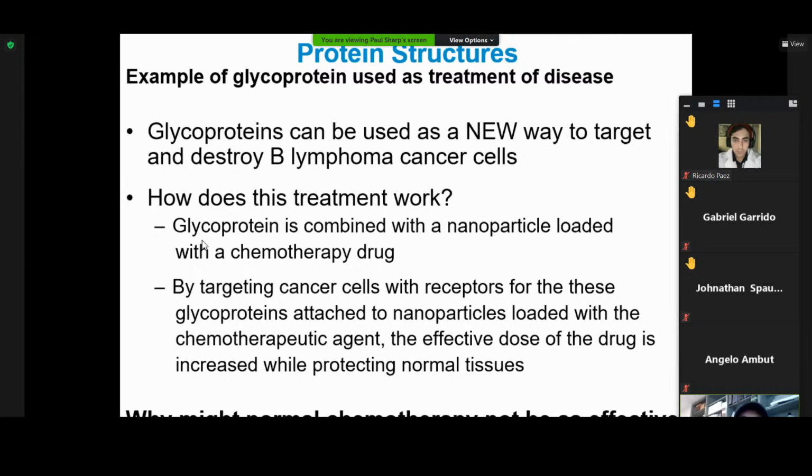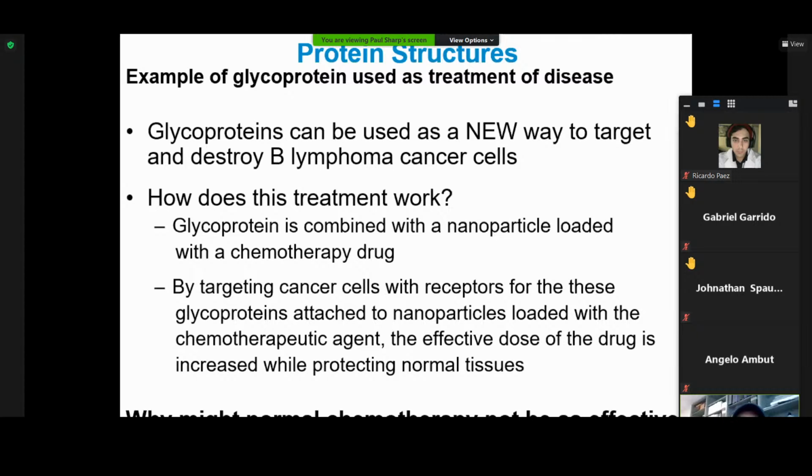So what we can do is we can figure out what glycoprotein hooks up with CD22, and we can combine that glycoprotein with a nanoparticle that is loaded with a particular chemotherapy drug. And so this glycoprotein with our nanoparticle is going to be specifically targeting those B lymphoma cancer cells, leaving other cells alone.